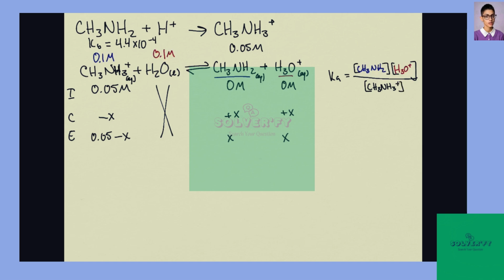So our Ka value is x times x, so x squared, divided by 0.05 minus x.